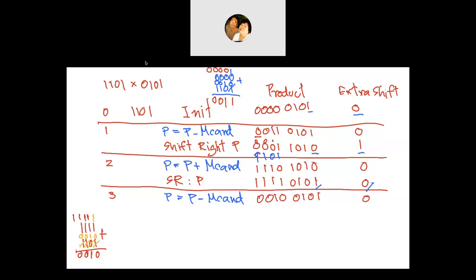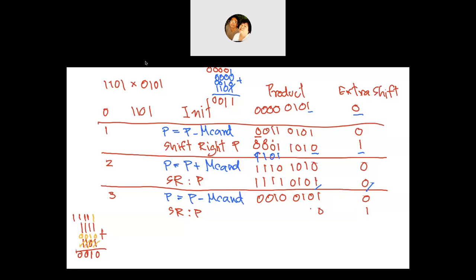And then what is next? Shift right product again. This time I get 1 there because 1 here goes back to there, right? Product 0 goes to the extra shift. That's why extra shift was updated to 1.